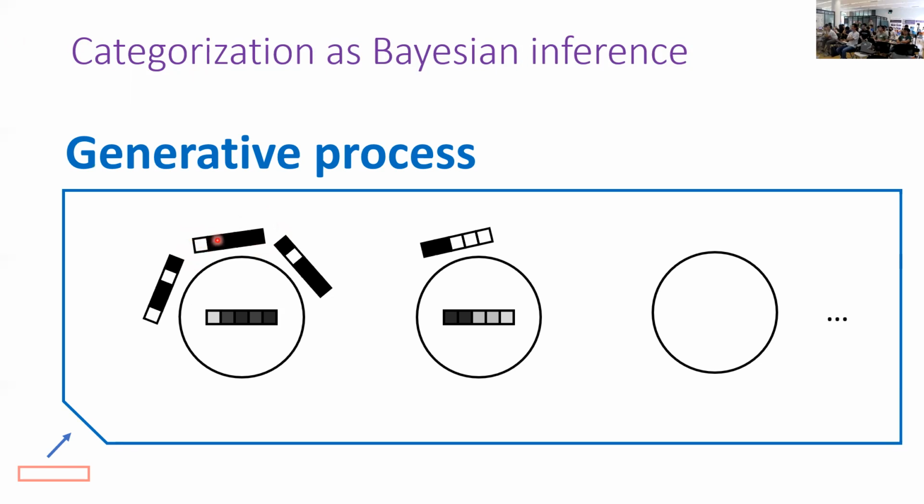Each stimulus has 5 dimensions, and each dimension has a binary value, either 0 or 1. We use black to denote 0 and white to denote 1. So each of these bars is a vector of 0s and 1s.